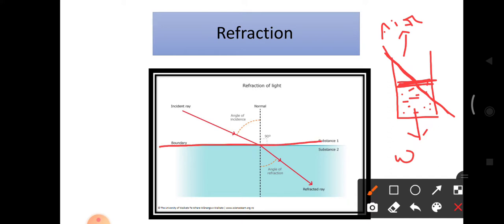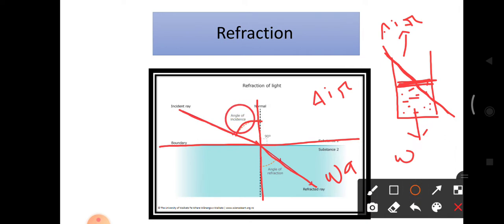So, here I draw the interface line, and this is the air medium and this is the water medium. When the light travels from the air medium to another medium, it changes its direction. This is called refraction. This is a normal line. The angle between the normal line and the incident ray is called the angle of incidence.